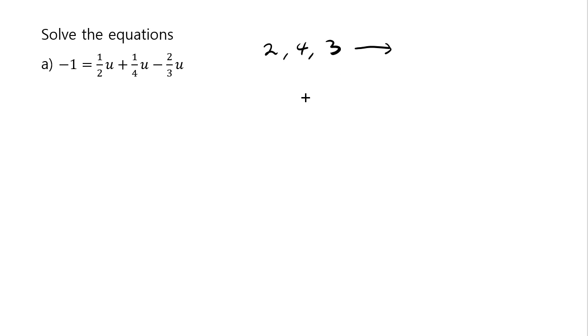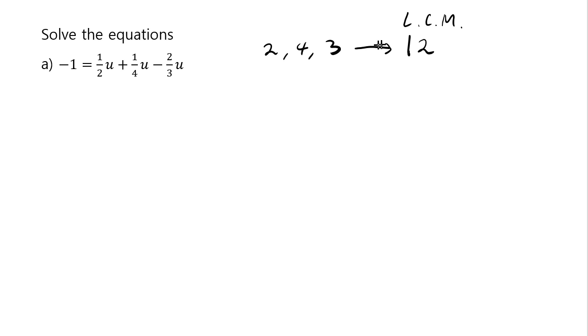That number is 12. See, 12 is divisible by 2, 4, and 3. One quick way to see this is that 4 times 3 is 12, and since 12 is an even number, it's also divisible by 2. So 12 is the least common multiple.